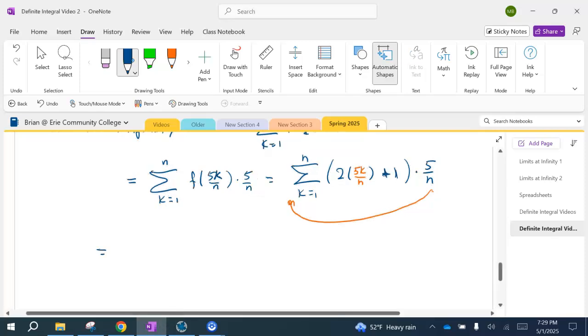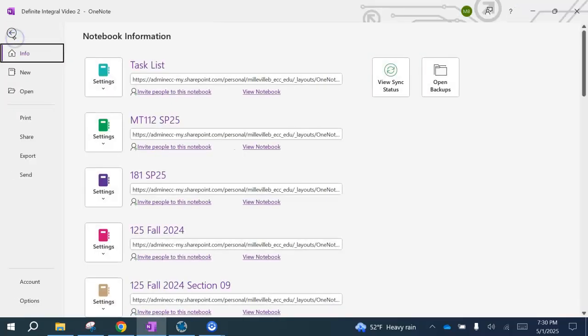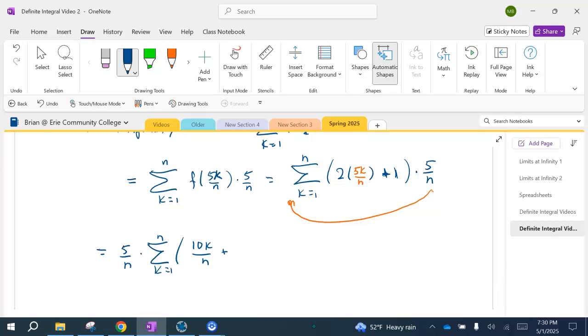We're going to pull out 5 over n, and then that's going to be times the summation from, again, k equals 1 to n of, now just multiply this stuff out, we're going to get 10k over n plus 1.